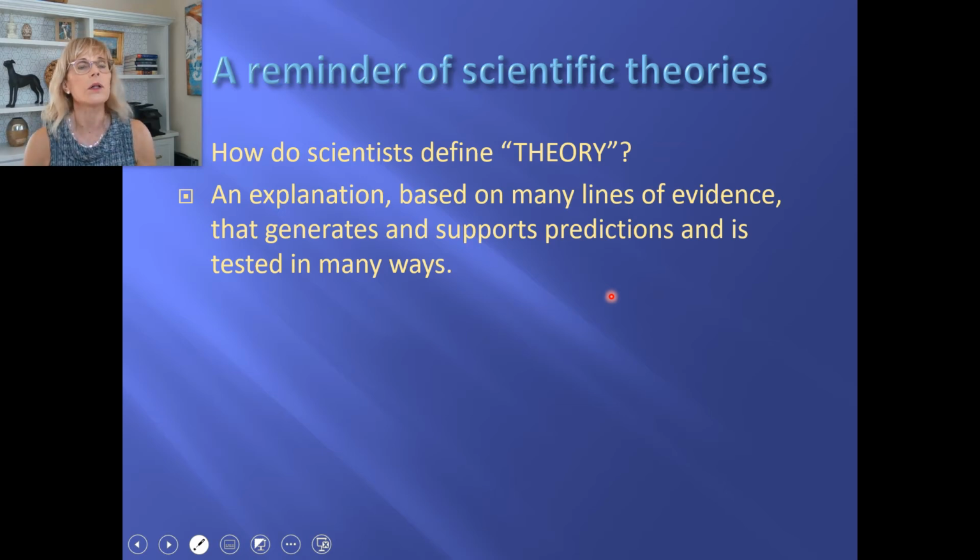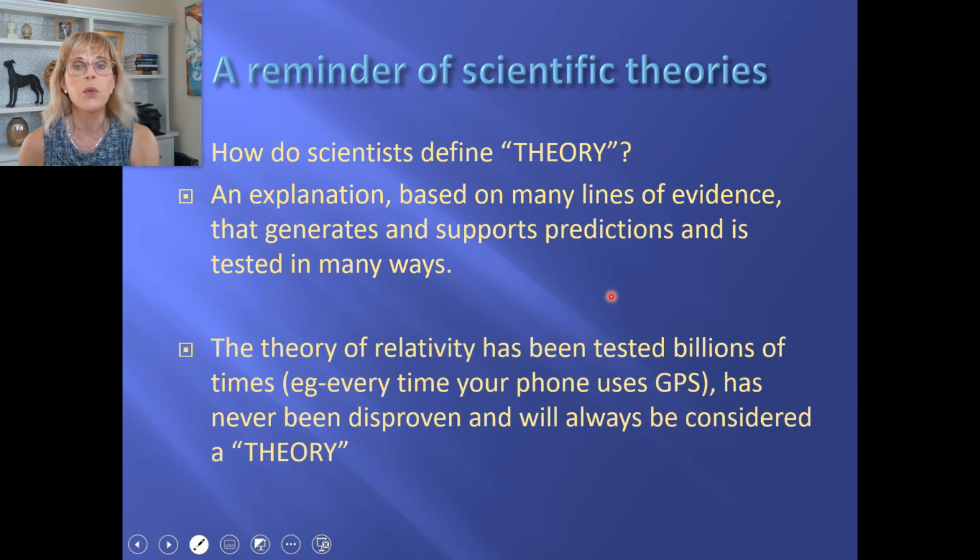So we call evolution the theory of evolution, and that word is not meant to imply that we are in any way uncertain. As a matter of fact, we probably are as sure about the theory of evolution as we are about the theory of relativity. We have tested it so many times.